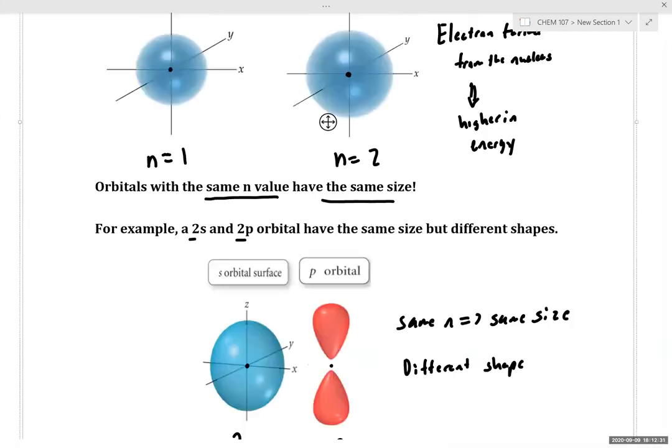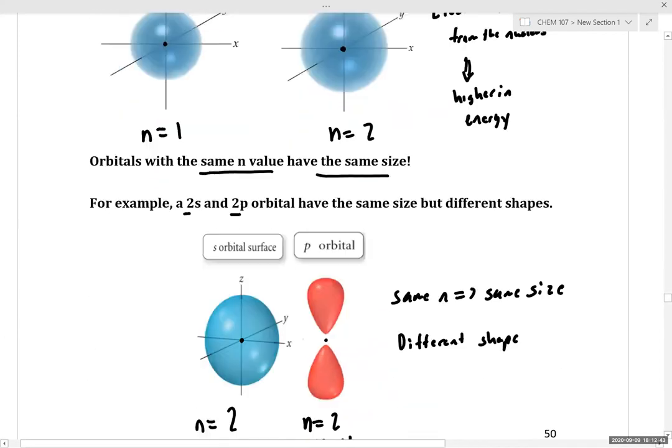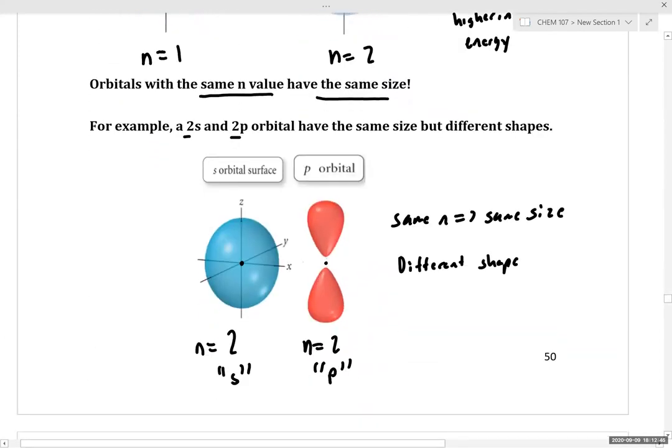Just like we saw in this first example, as n increases, our orbital gets bigger, our electron is farther from the nucleus and higher in energy. n controls orbital size. So even if we have two different orbitals, if they have the same n value, they have the same size, even though they have different shapes. Does that make sense?